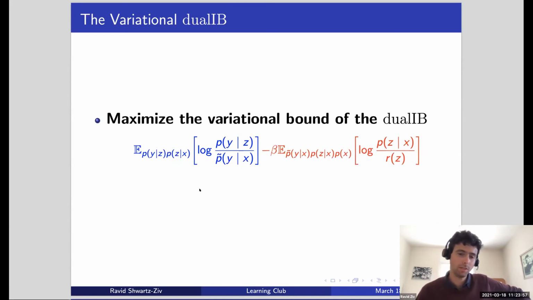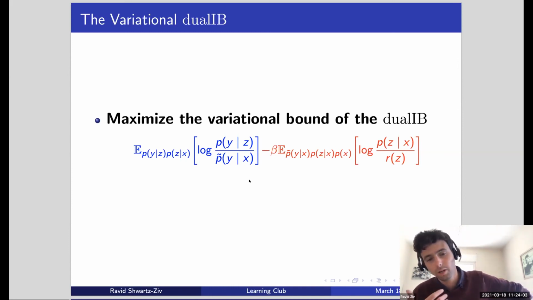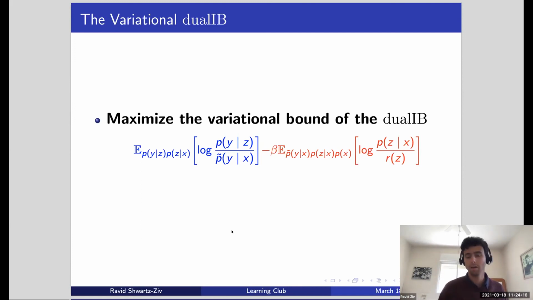The only problem is this one, P of Y given X. In the dual IB, this cannot be zero because it's inside this term, so we must assume some noisy labels, that P of Y given X is not zero but has some noise. I will talk about it a bit later, but this is the bound that we try to maximize using neural networks.